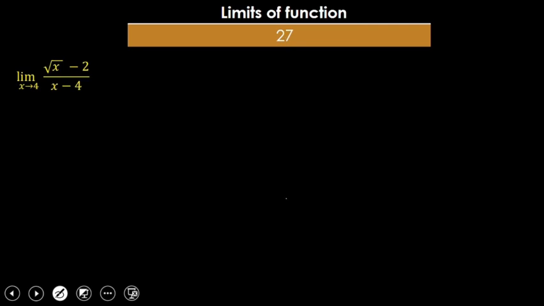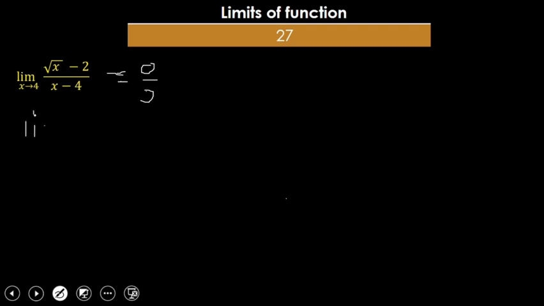There is the limit as x tends to 4 of root of x minus 2 all over x minus 4. If we substitute directly, we are going to have 0 all over 0, and it's undefined. That is question number 27. Proceeding with it, we can use any method of our choice. We can use a change of variable, or we can find the conjugate of it. Let's use the conjugate.